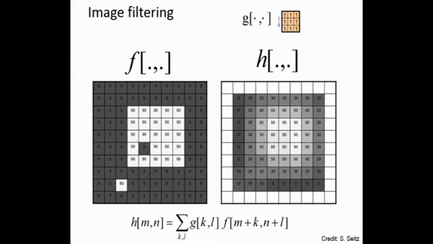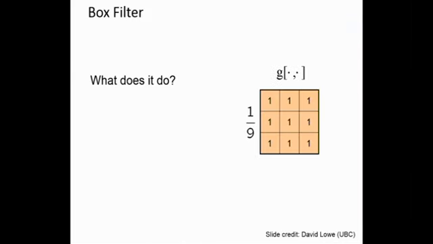So what does this box filter do? There's a couple of different ways of describing it, but what's one way to describe what the box filter does? Yes? It does 2D convolution, but actually any linear filter is doing 2D convolution. So I mean specifically in the case of the box filter, what is the box part doing? Yes?